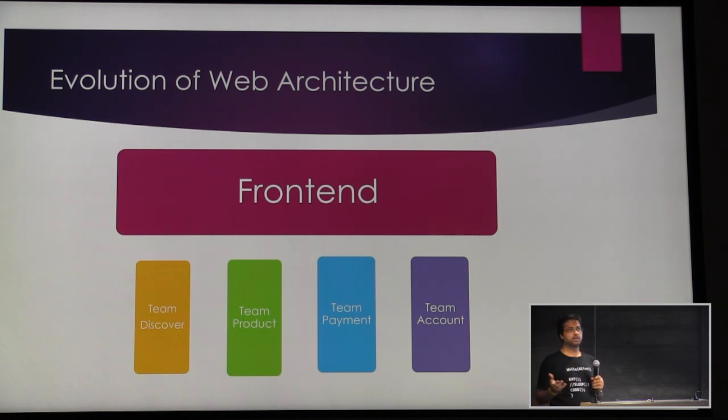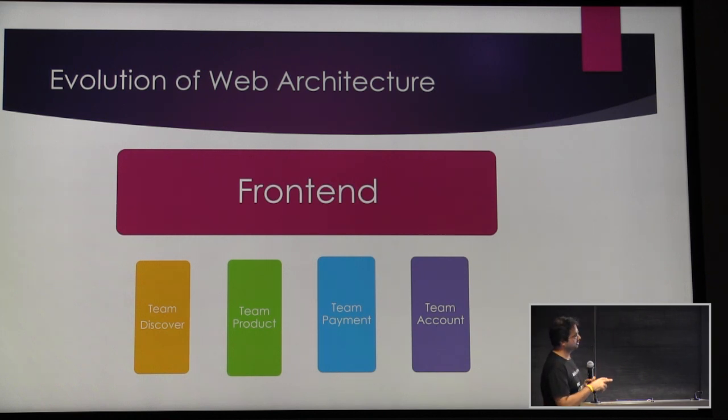If anybody has heard the term bounded context, in domain-driven design, has anyone heard of bounded context? Okay. So basically, you divide your teams around the business capability or a business use case, and those are small and focused teams responsible for building and deploying independently.